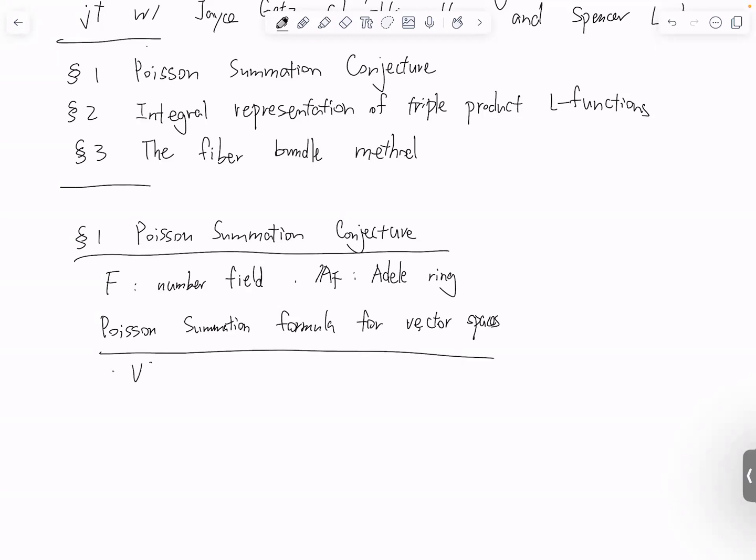So I have V_R to be R^N and V_Z to be Z^N. And I have an action of GL(V_R) on V_R, sending v to g^{-1} v.